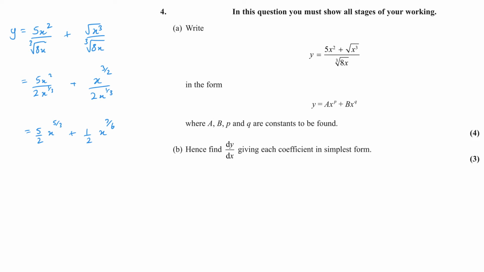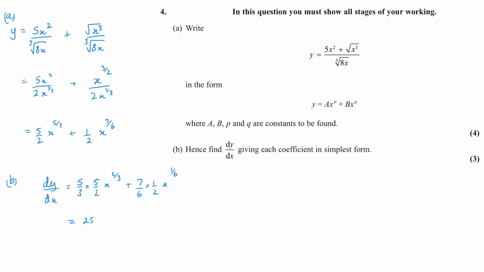Now part B is hence find dy by dx, so differentiate, so that was part A. Part B, dy by dx equals, so bring the 5 over 3 down, that's times by 5 over 2x, and take away 1 from the top, so it's 2/3, plus 7 over 6 times 1/2, and take away 1, that's 1/6.